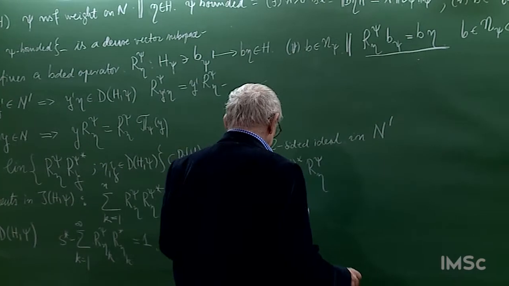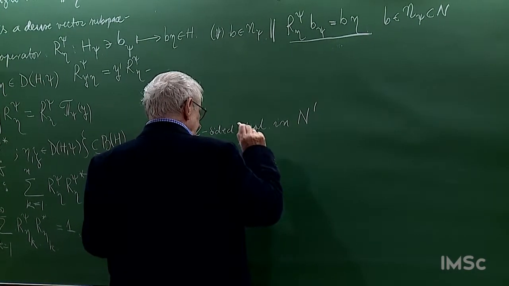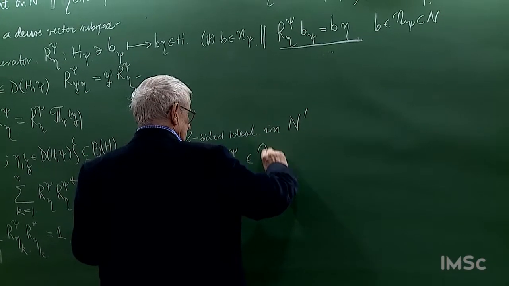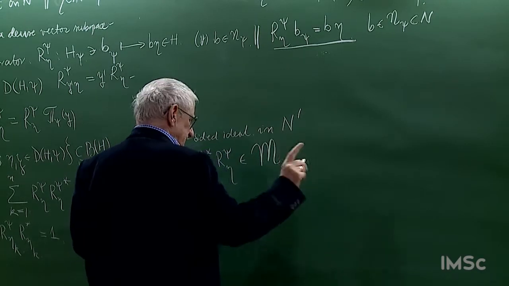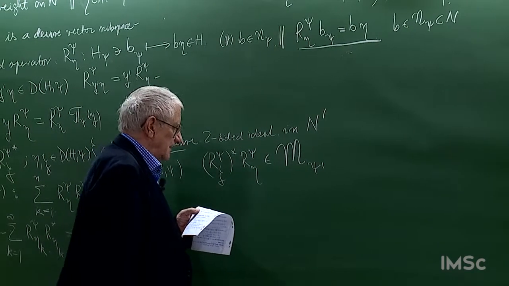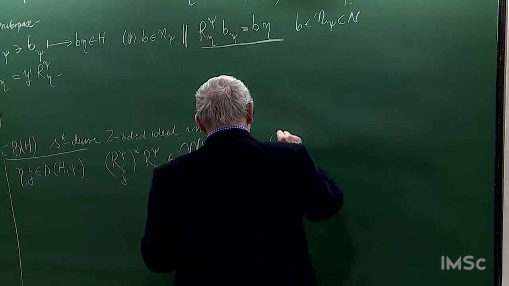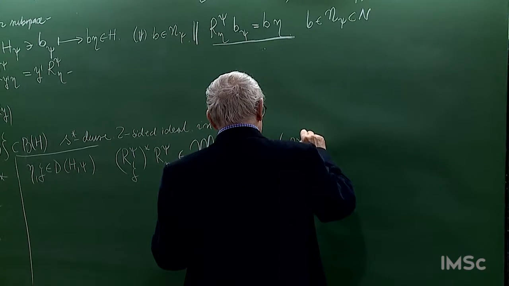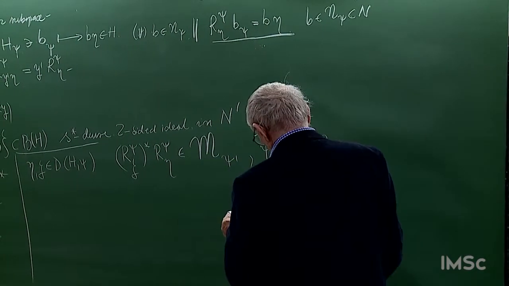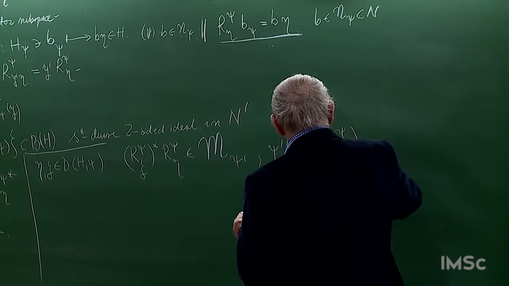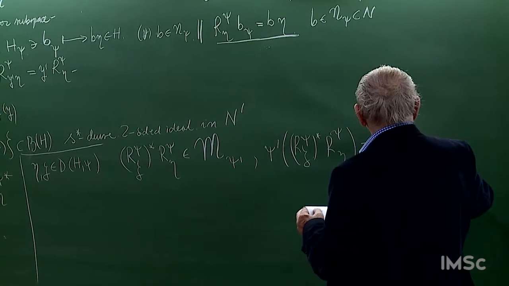You will have this thing belongs to N, but to the M of psi prime. I will say immediately what psi prime is. And psi prime of R^psi(zeta)* R^psi(eta) is equal to the scalar product of eta and zeta.